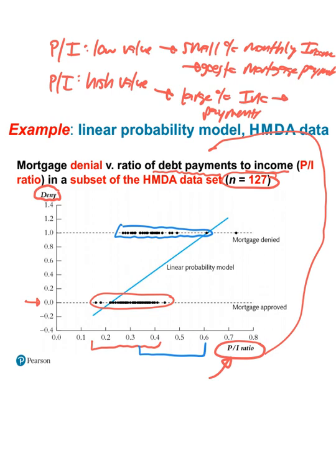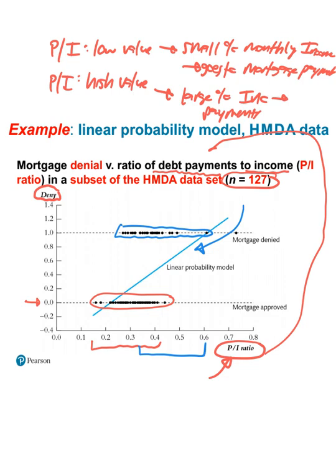their mortgage loan. Overall, since we have this linear equation, this estimated regression line, we see that there is a positive relationship between higher PI ratios and an increased probability of being denied a mortgage loan. That makes sense intuitively. If you are seen as somebody who has to pay a significant portion of their income to your mortgage, you are seen as someone kind of unstable and at high risk.